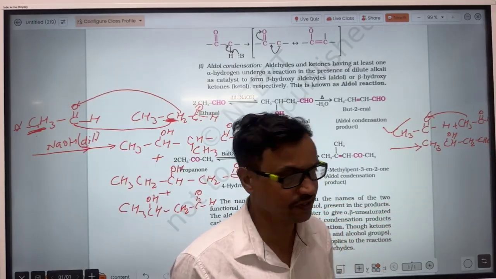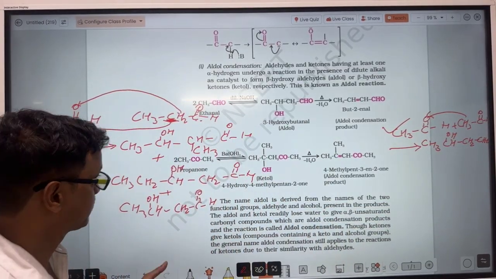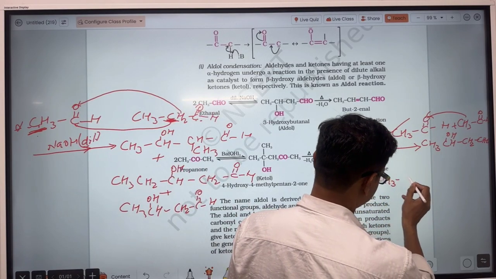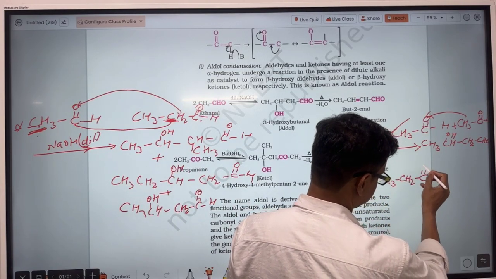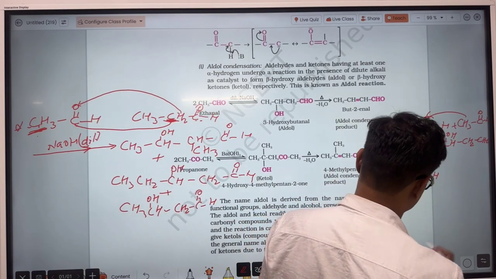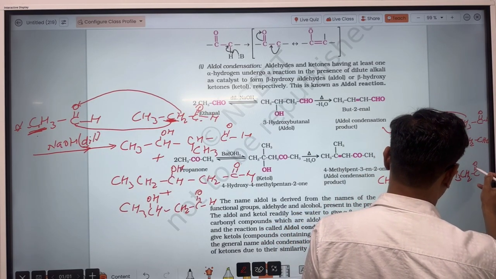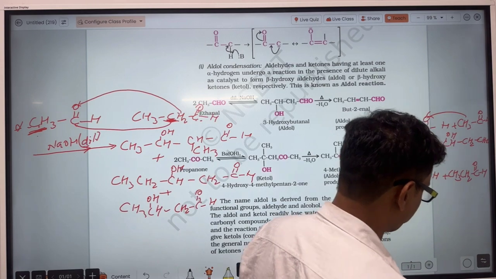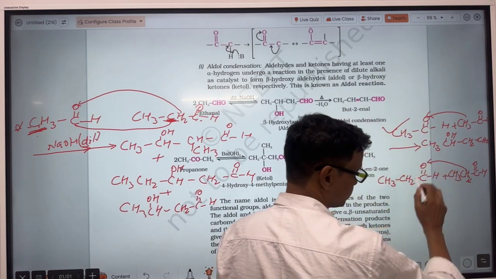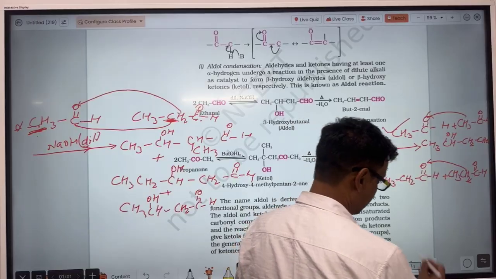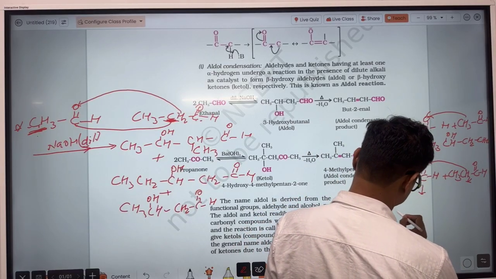So one ethanal will come here, one ethanal. So this product will form. In the same way, among the propanal molecules there will also be a transfer of hydrogen, like this one. Suppose hydrogen goes from here to here, or here to here, it doesn't matter. The product will be the same. So what will the structure be?